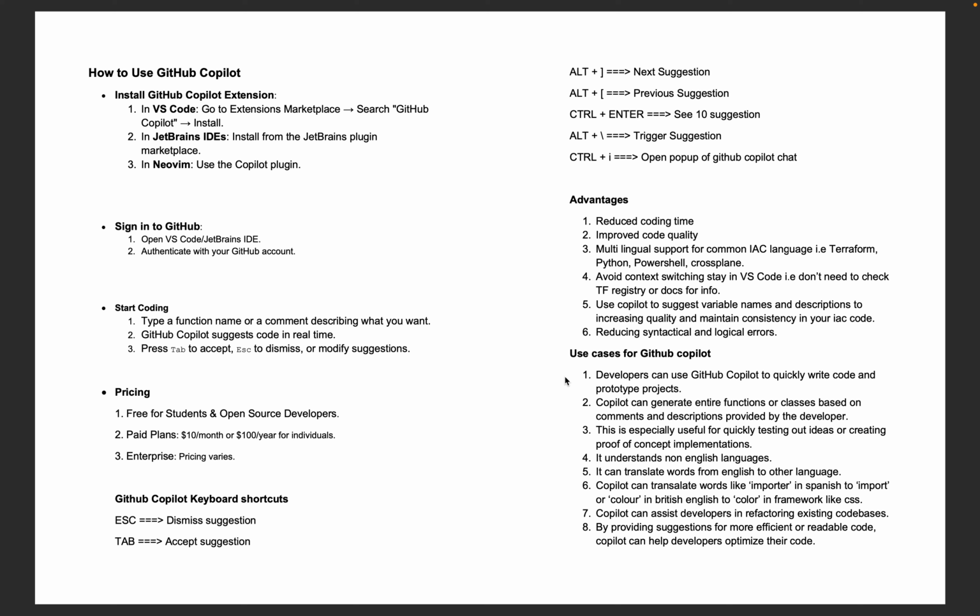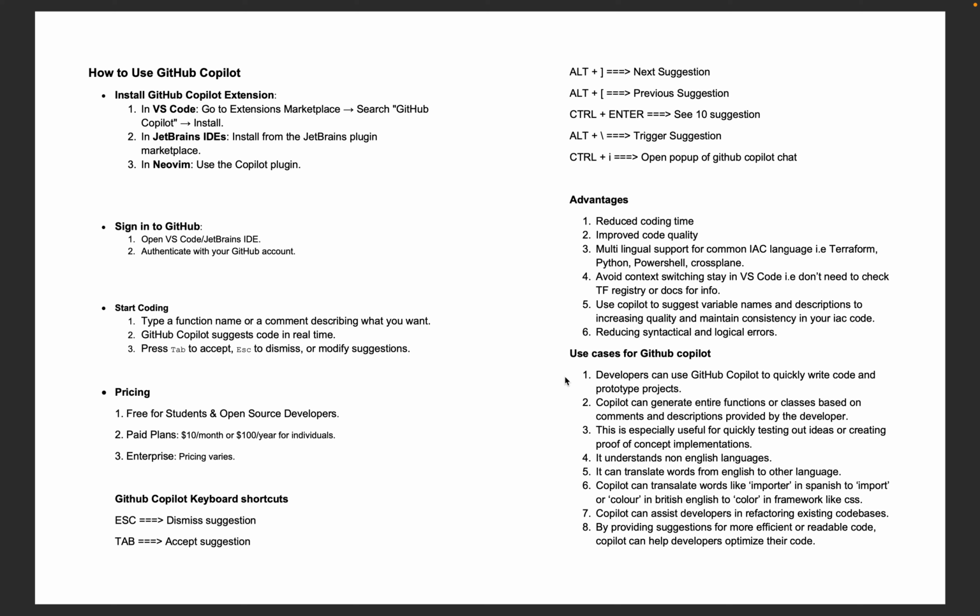Okay, and use cases are very important for this GitHub Copilot. So the first use case is that a developer can use GitHub Copilot to quickly write code and prototype projects. So we have seen how quickly we have written the student form. Okay, it is very easy to use. Copilot can generate entire functions or classes based on the comments and descriptions provided by the developers.